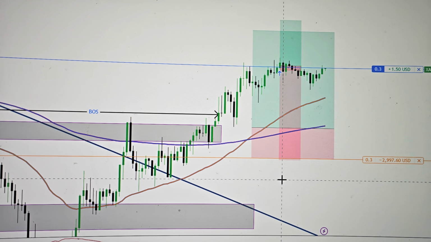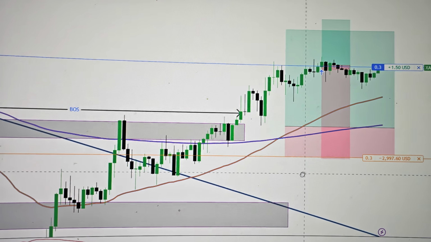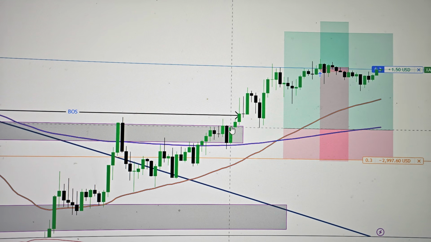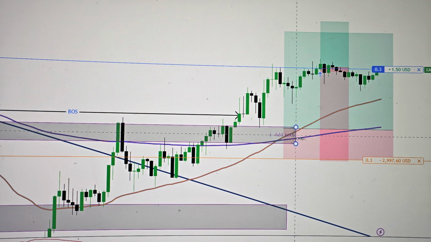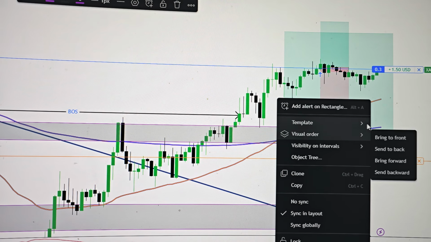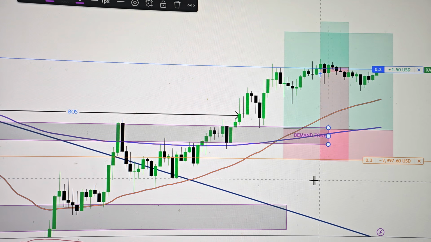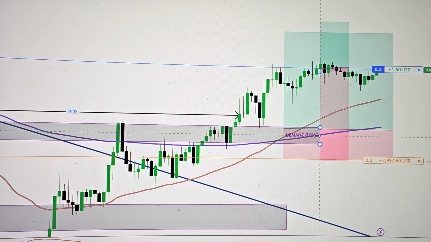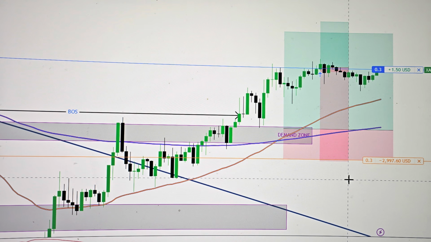What happened? We broke the structure, came into our demand zone, tapped our demand zone, but we did not get into the trade. Why?